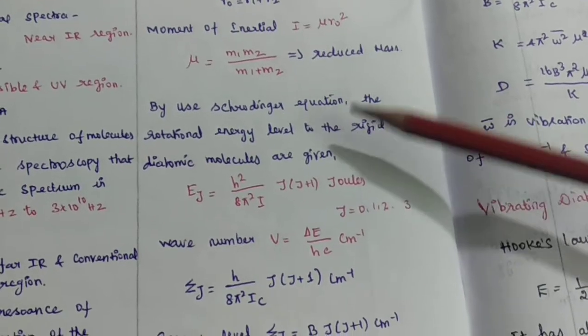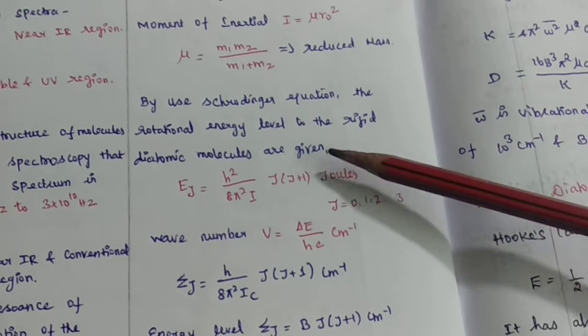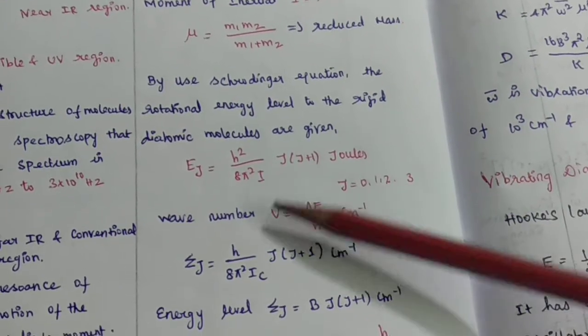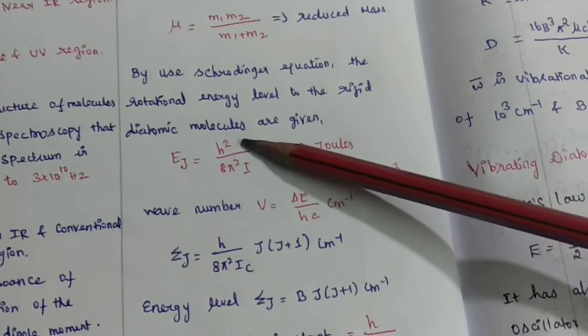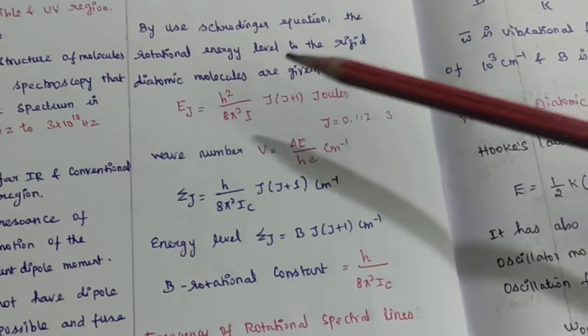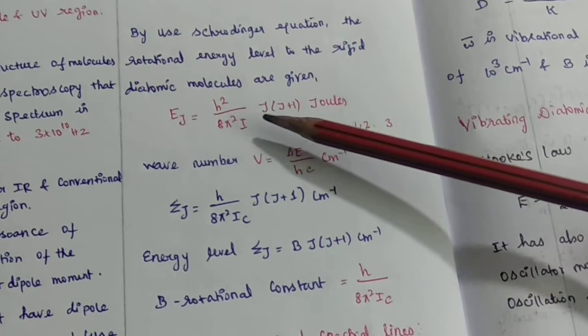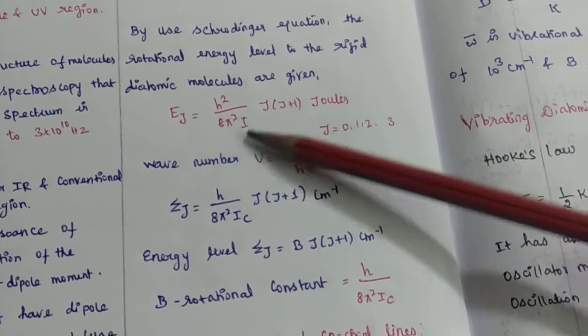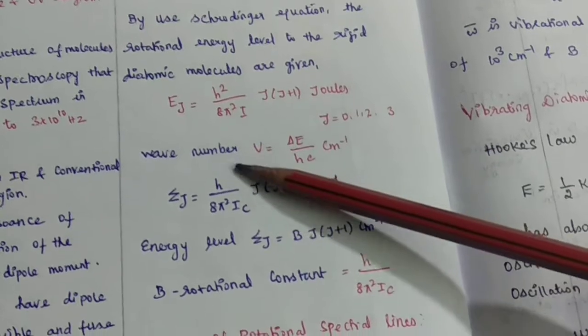So by using the Schrodinger equation, the rotational energy of diatomic molecules can be written as Ej is equal to this equation, where h is Planck's constant, I is the moment of inertia, and J is the total angular momentum. From this equation we have to define the wave number.